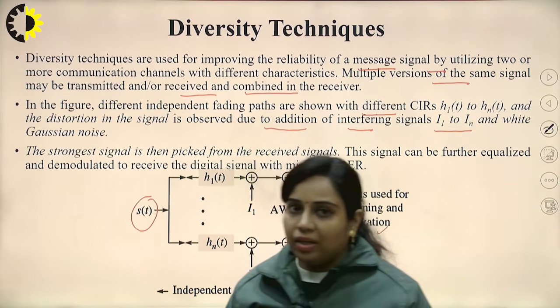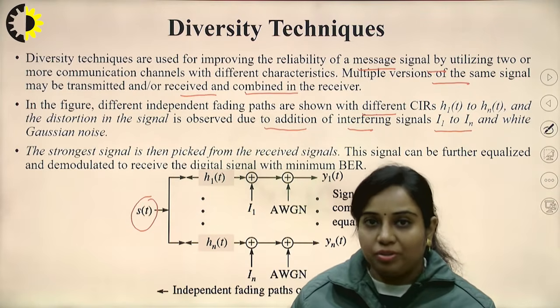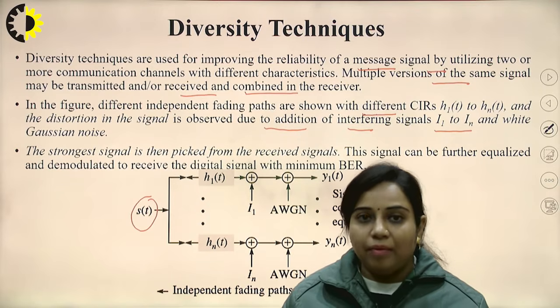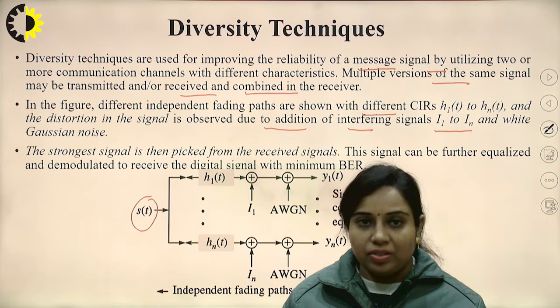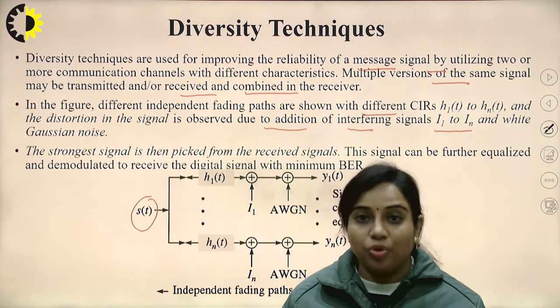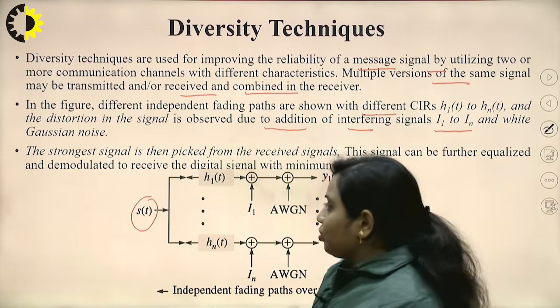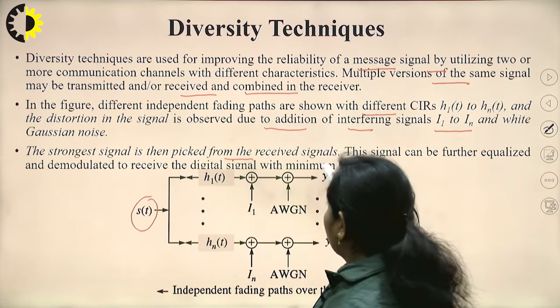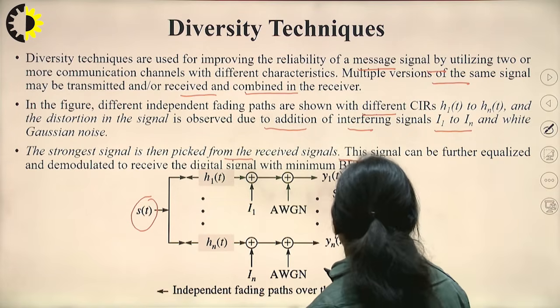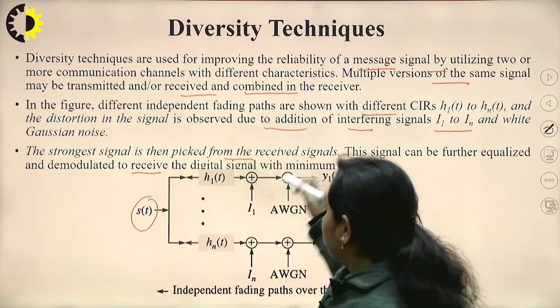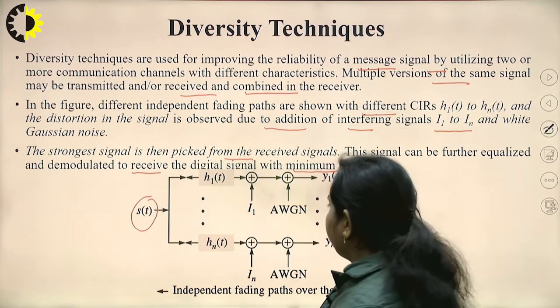When we use different channels, multiple noise sources will also affect the quality of the signal, that is white Gaussian noise. The strongest signal is then picked from the received signals. These signals can be further equalized and demodulated to receive the digital signal with minimum bit error rate.